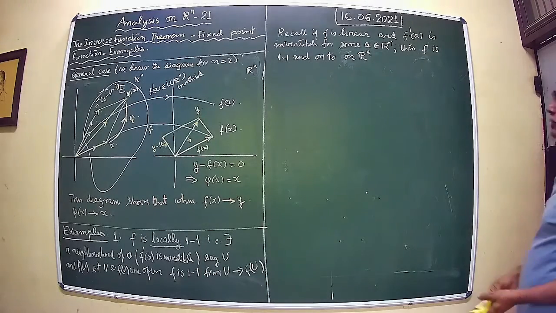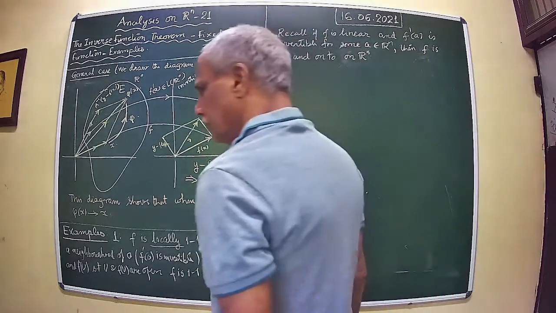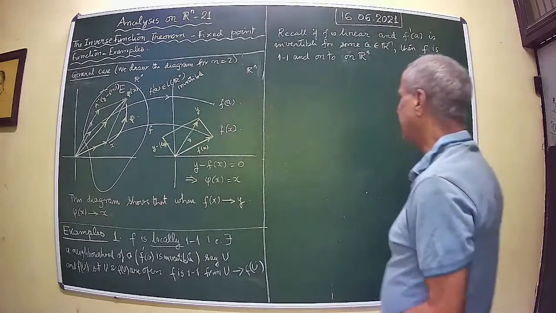And F dash A becomes essentially F dash X for every X. That is the reason for that.